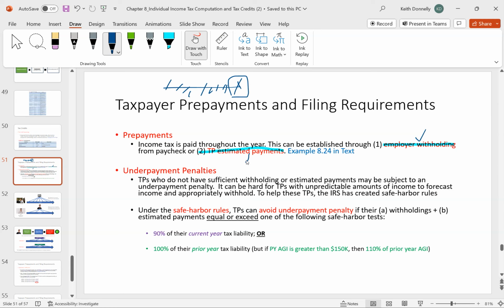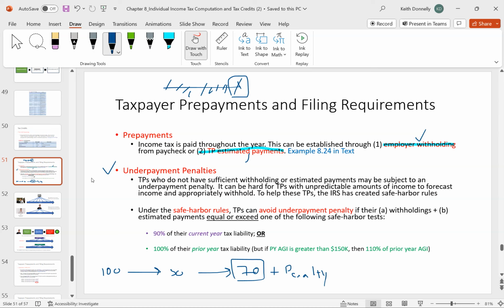What happens here is, not only do you owe what you owe, so say you had to put 100 in, that was your tax for the year, but you only put 30 in. That difference, you're going to owe that difference, the 70 grand, plus we're going to put a penalty on top of that. It's going to be an underpayment penalty. You didn't put enough in.